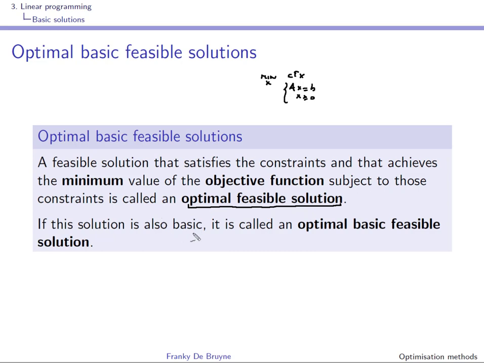If this solution turns out to be basic, remember that a basic solution is a solution where you have n minus m of the components of x that are 0, it is then called an optimal basic feasible solution.